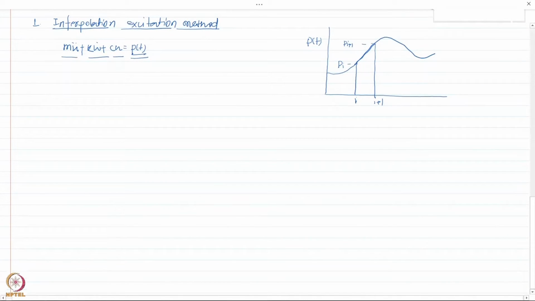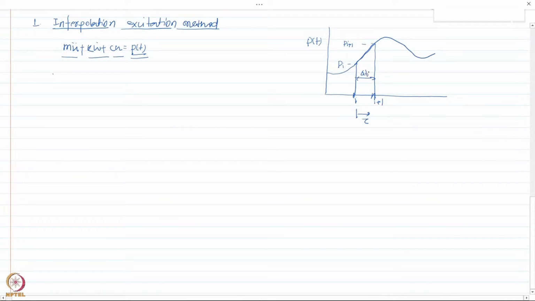So what do we do in this method? Given the state i, I interpolate my excitation function between p_i and p_(i+1). Let us define a time variable tau which starts at state i and goes up to i+1, representing the time between them. The total time step is delta t_i, which is already known.